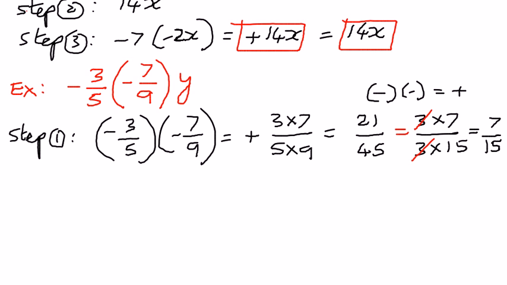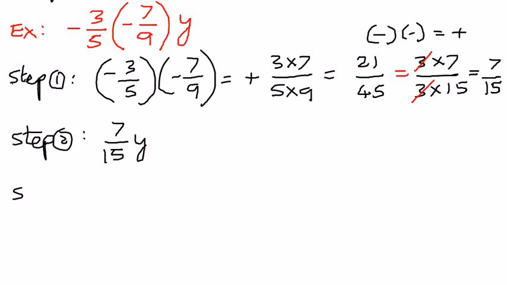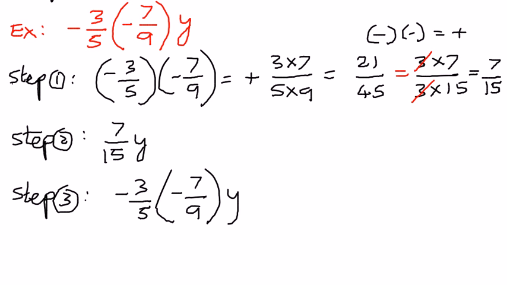And as step number 2, we can put all of this together, and therefore we can write this one as 7 over 15 y. As a final step we can write: negative 3 over 5 times negative 7 over 9 times y is going to be equal to a positive 7 over 15 y, or we can also write this one as 7y over 15.